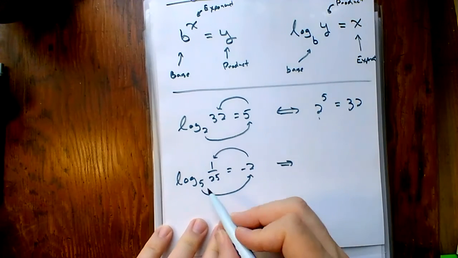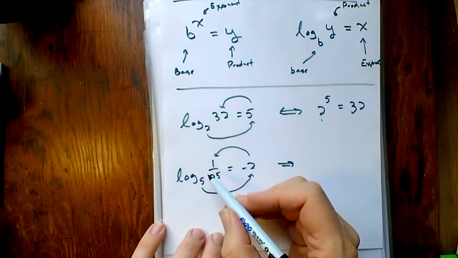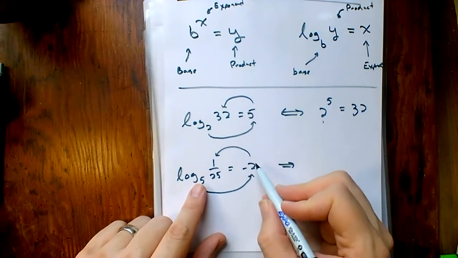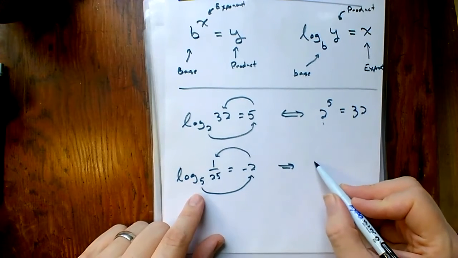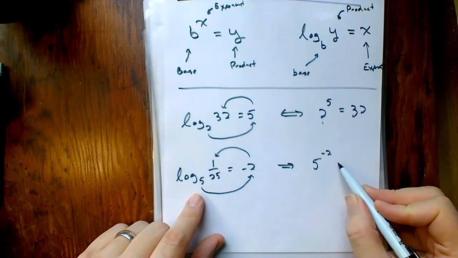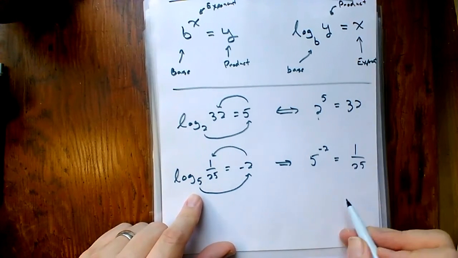In some ways we can use a spiral to change this because we always start with that base. So here I've got 5, move to our exponent, in this case it's -2, and then our product here would be 1/25.